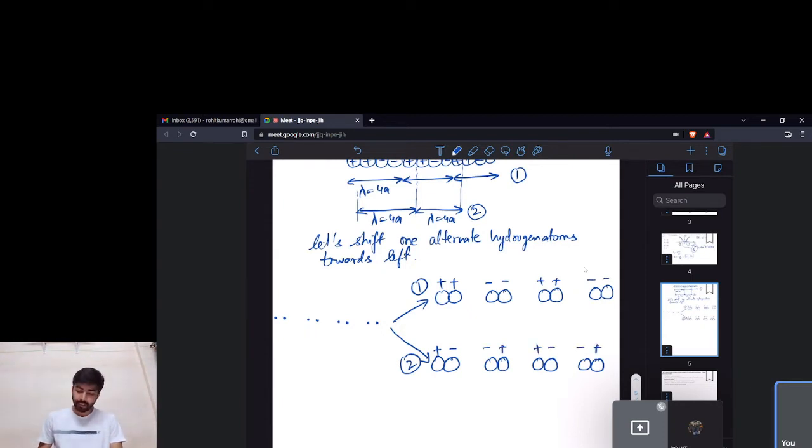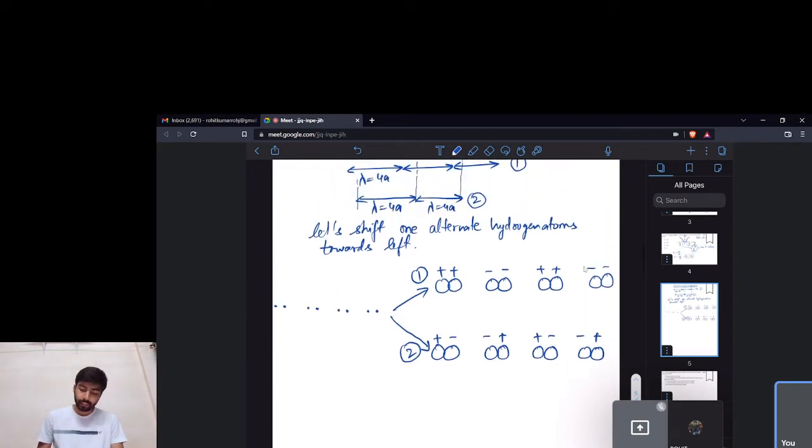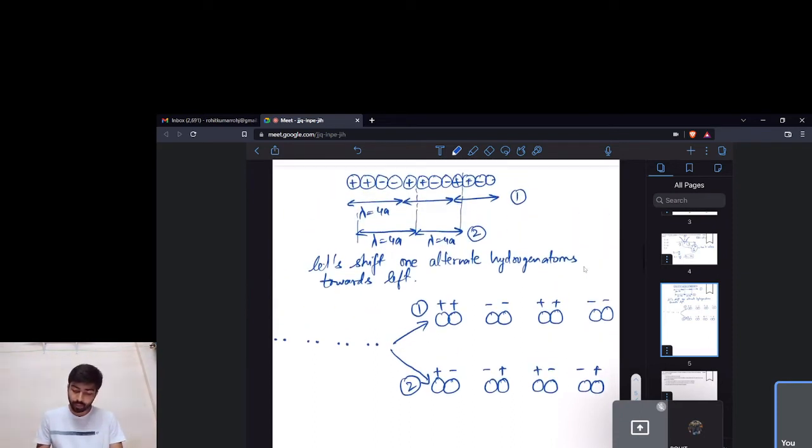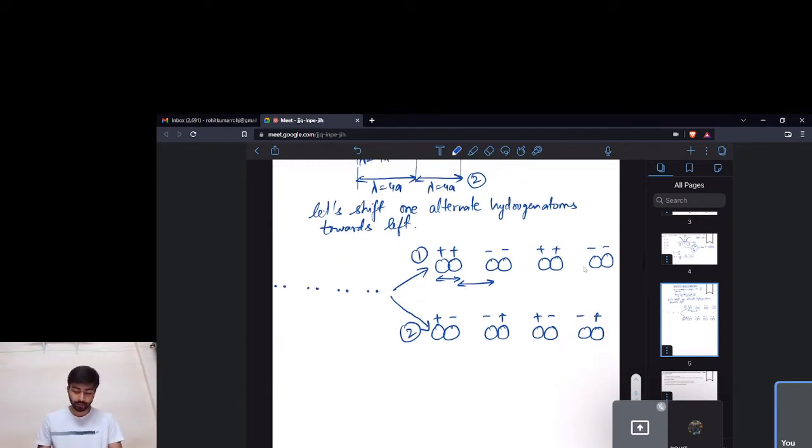So what we have done here is that we have brought the bonding interaction closer in case number one, and anti-bonding, so this distance is lesser than this distance. Anti-bonding interactions have been separated apart and bonding interactions have been put closer together in case 1, whereas in case 2 it is the reverse case.